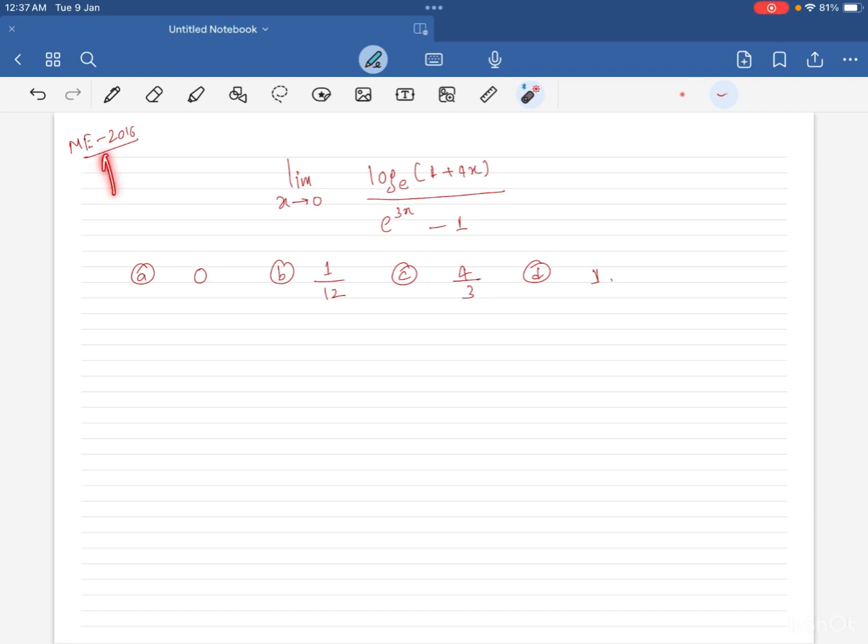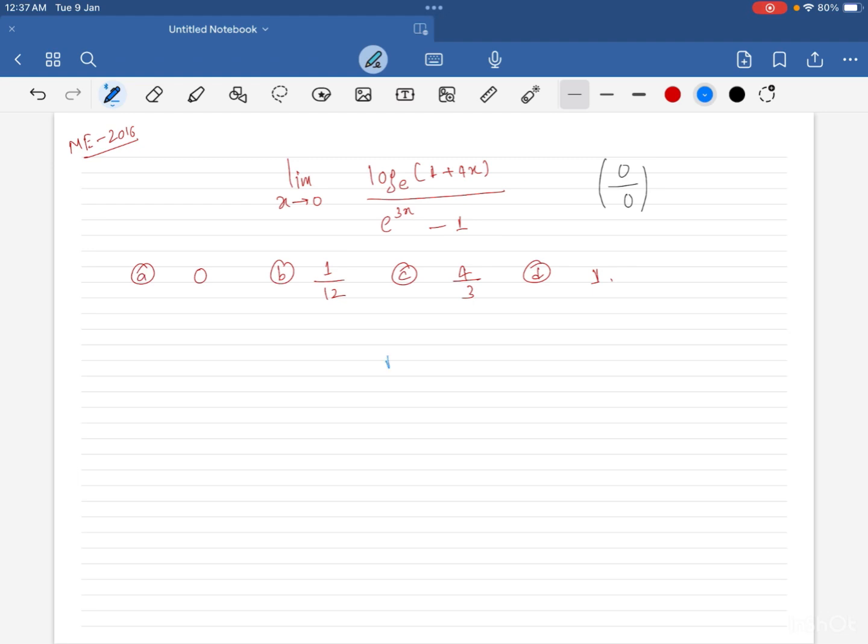Now this question is from ME. We are given to evaluate this limit. If you put 0, then you will get the 0 by 0 form, right? Then you can simply apply the L'Hopital rule. You will differentiate the numerator and denominator.